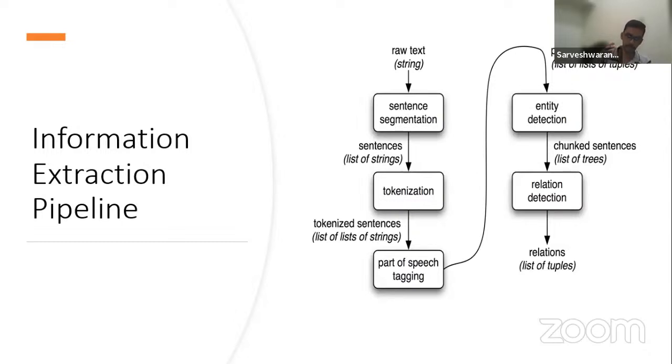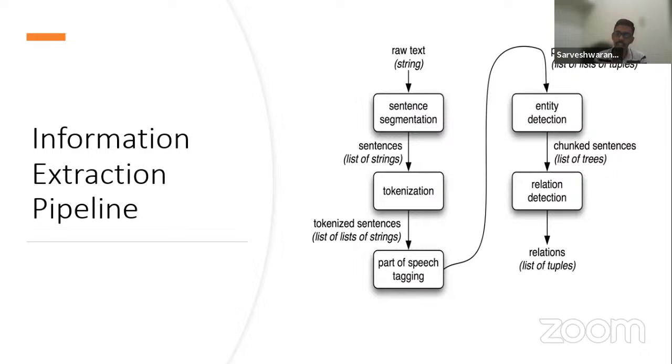The basic pre-processing goes like this: I break down the raw text into sentences, and then I do the word tokenization. What is word tokenization? I break each and every sentence into different tokens, into a list of strings.